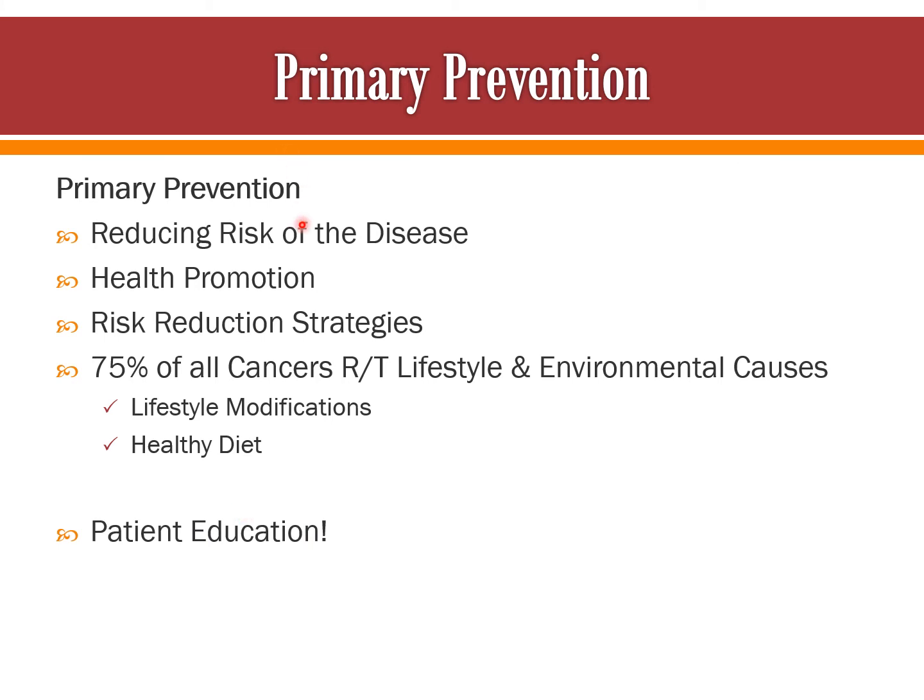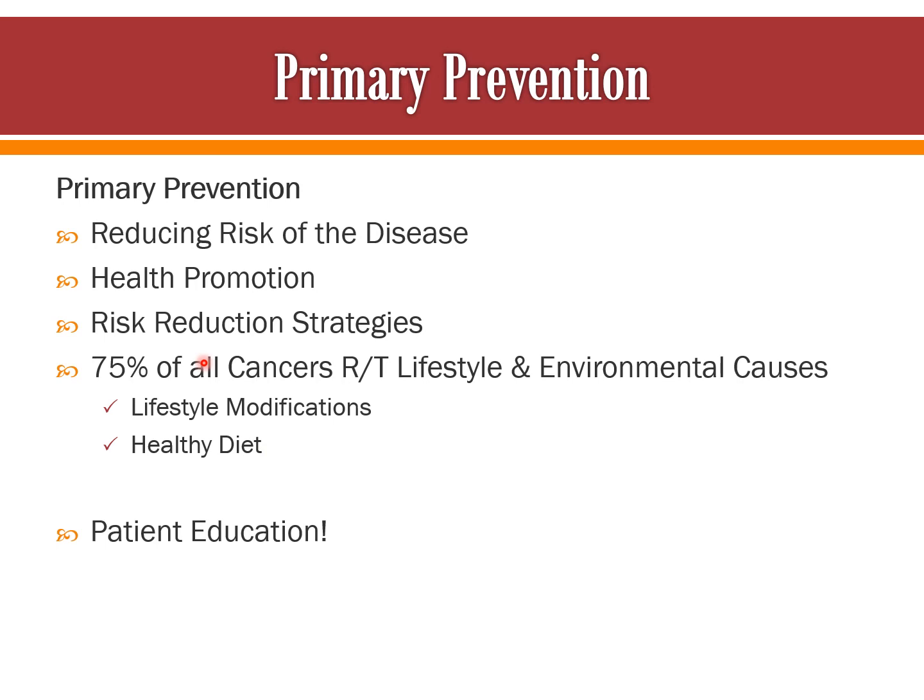So you want to reduce the risk of the disease. It's all about health promotion. It's all about risk reduction strategies, right? It's lifestyle modifications. It's all about a healthy diet. We want to basically prevent you from ever having cancer.